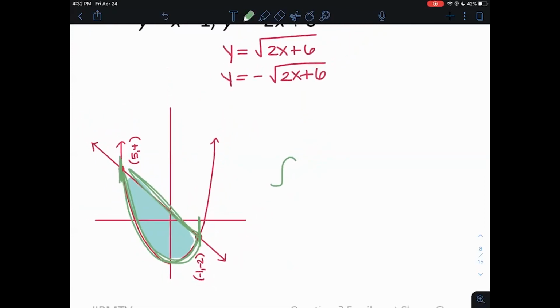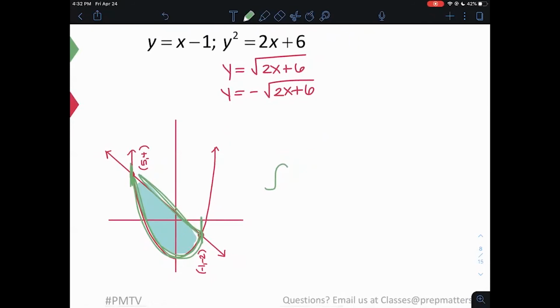And when I do that, I'm going to come back to my limits of integration. My upper curve is the linear function. So instead of writing that upper curve as y equals x minus 1, I need to spin that around so that it's in terms of y and say that x is equal to y plus 1. And then my lower curve is this y squared equals 2x plus 6 situation.